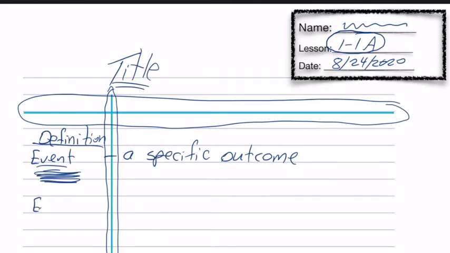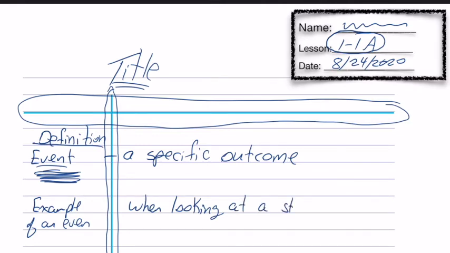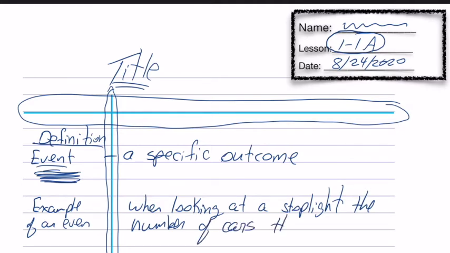If you have an example of an event, then you would say something like, when looking at a stoplight, the number of cars that go through a red.